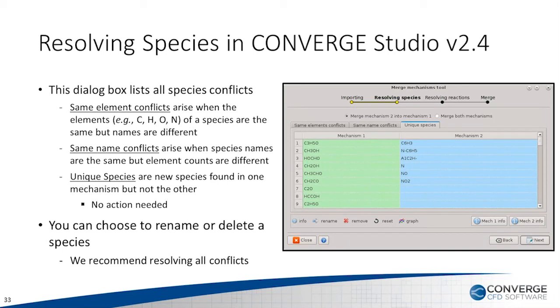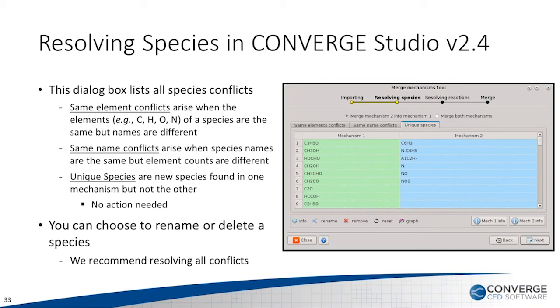As we're resolving the species conflicts, there are 3 scenarios. First is the same element conflict. What does this mean? It means 2 species names can be different, but if you look at the thermo data, they have the same elements. They have exactly the same carbon number, hydrogen number, oxygen number, or nitrogen number. So it literally is the same species. The second is the same name conflict.